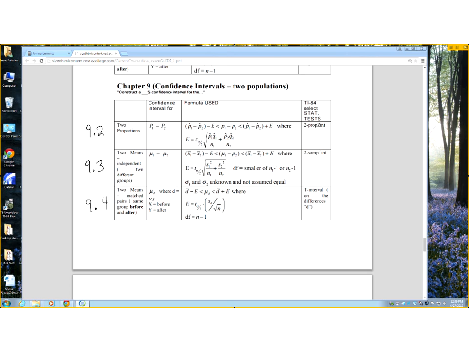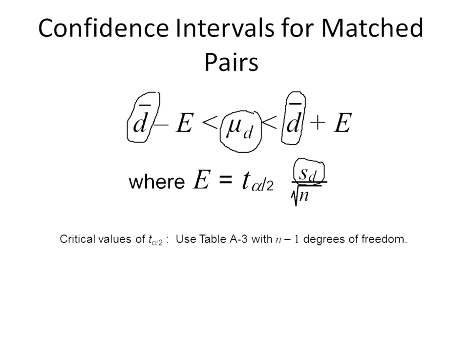And so if we're looking at matched pairs, and we're constructing a confidence interval for when we have matched pairs, then that's the formula that I use. Okay, and I also showed it to you on the actual PowerPoint. There's a slide where I also looked at it. That's the slide.